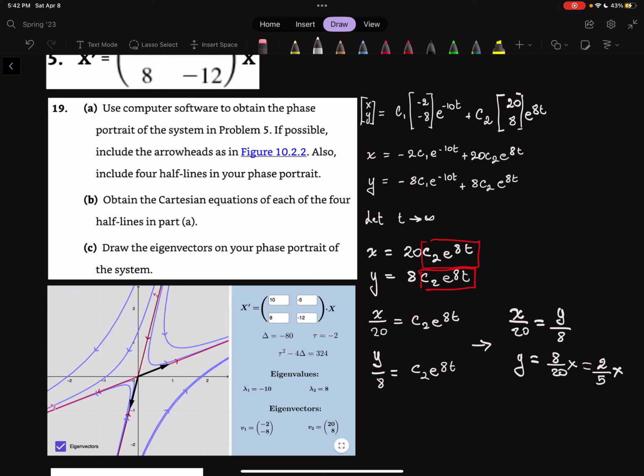And this should be as I go to infinity. So as I go away from the origin, you notice these arrows are pointing away, these are pointing towards the origin.